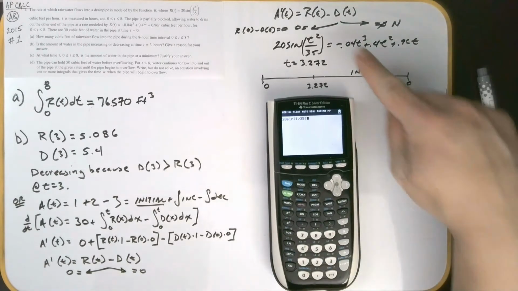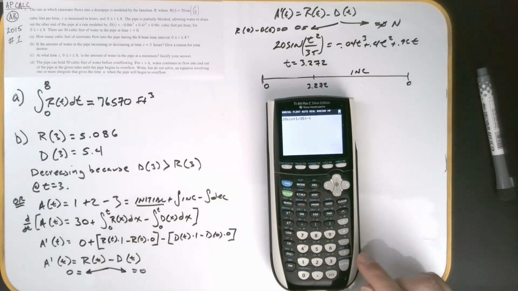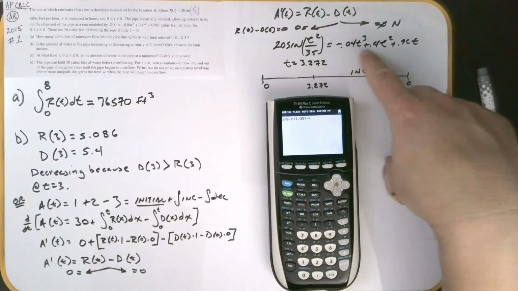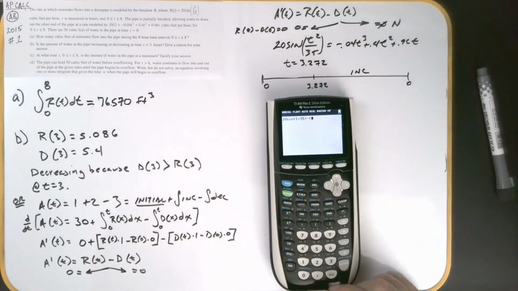So that is my r of t value, r of 1, minus left parentheses, and now I'm going to put 1 into the d function here, and that makes this pretty simple because 1 just makes these all the coefficients. So it's minus left parentheses here, and this is negative 0.04 times 1 is just itself, plus 0.4 times 1, still just itself, plus 0.96 times 1, which is just itself. And that is equal to negative 0.748, rounded 0.749, but most importantly, it's just a negative number.